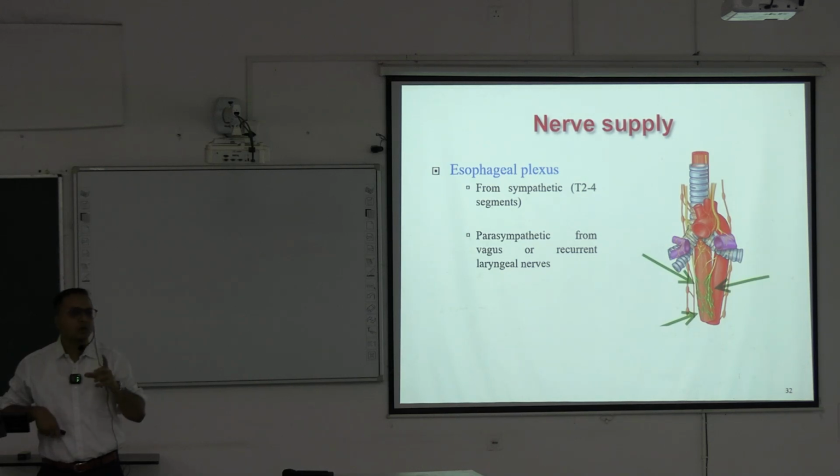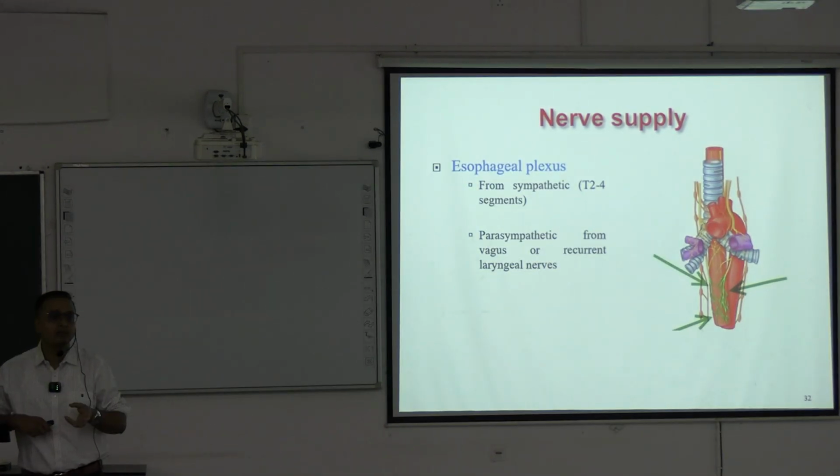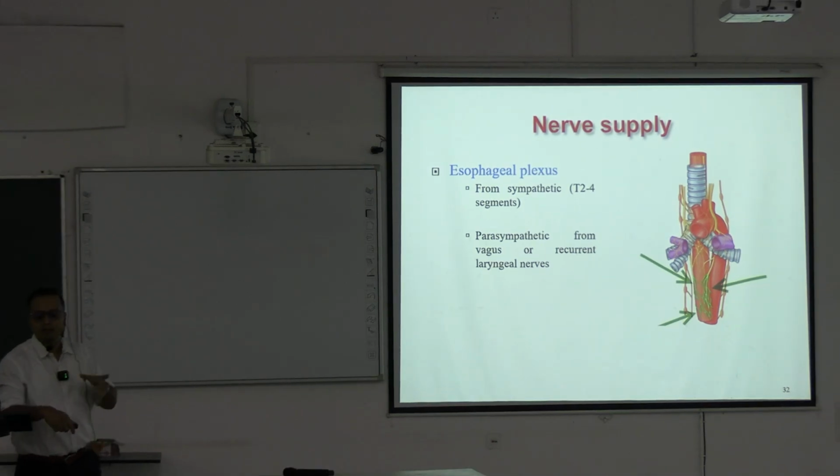This peristalsis is run by the sympathetic nerves and the parasympathetic nerves. The sympathetic nerves come from the group of nerves we call the sympathetic chain. We are going to address the sympathetic chain very briefly. The parasympathetic nerve, which controls this peristaltic movement, comes from the branches of the vagus nerve, the vagus nerve that gives the recurrent laryngeal nerve.